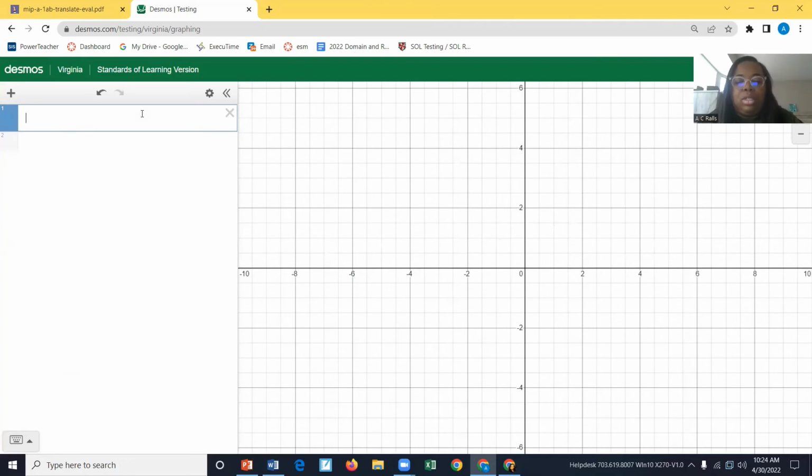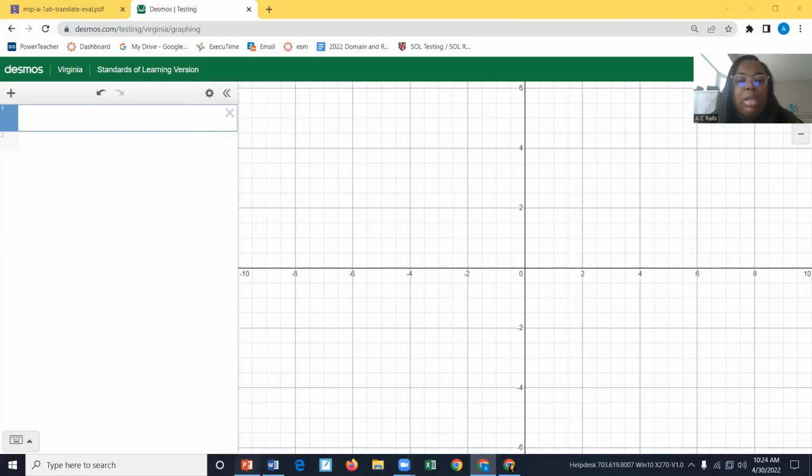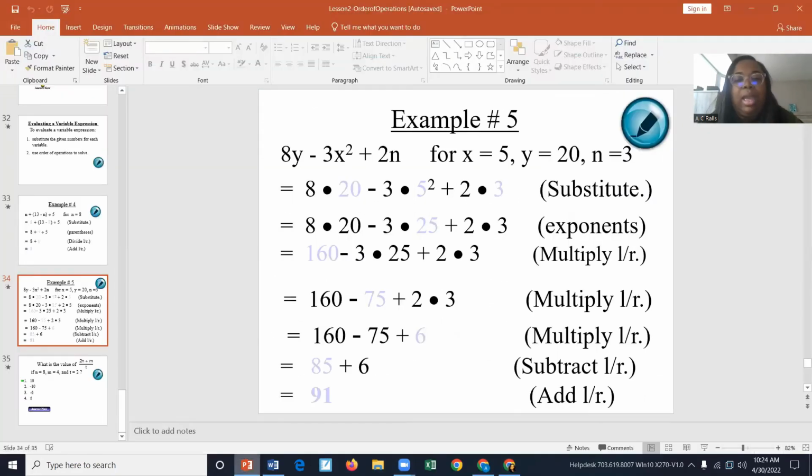So what I would do is I would transfer these into new letters. So instead of X and Y, I would use A or B. Just remember, if you have X and Y in a problem, to replace it with a different letter.